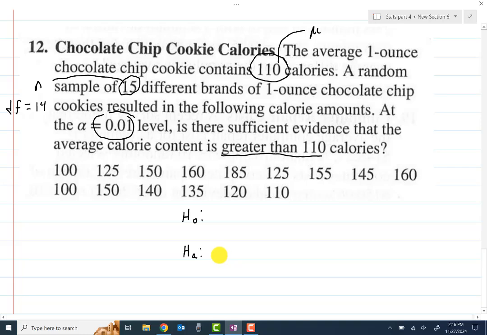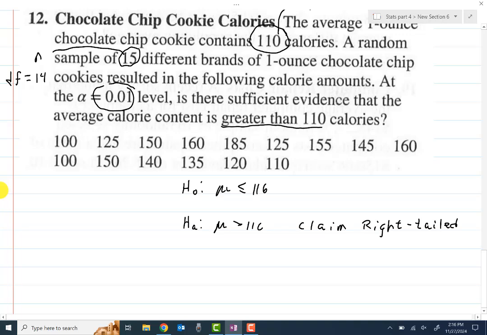So our HA is greater, so we're going to have mu is greater than 110 calories. That's our claim. And it's a right-tailed test. So here, mu is less than or equal to 116.